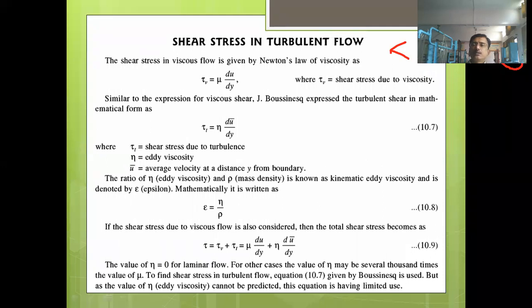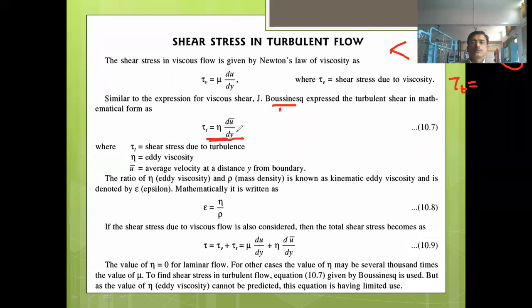Similarly, the scientist J. Boussinesq has given the equation for shear stress in the turbulent flow, which is: tau T is equal to eta into du bar upon dy.